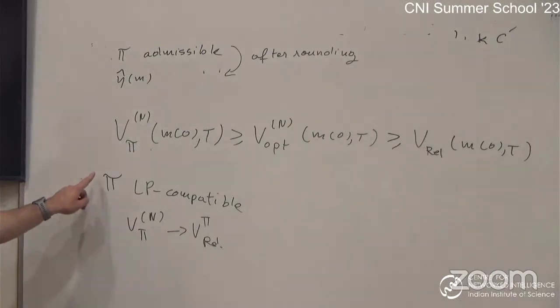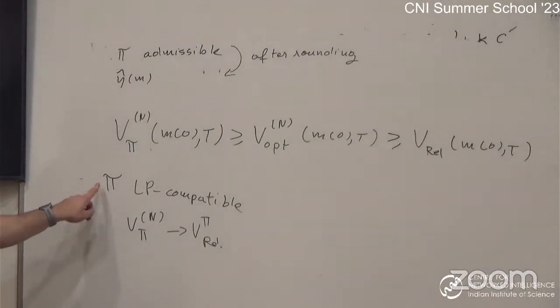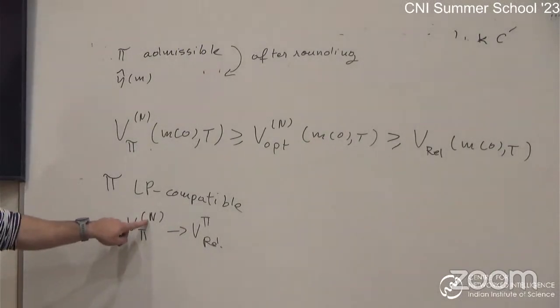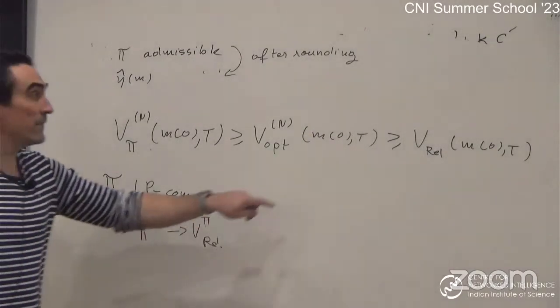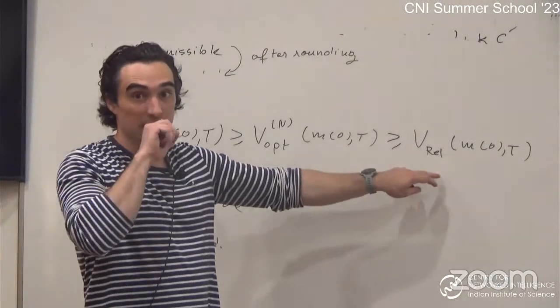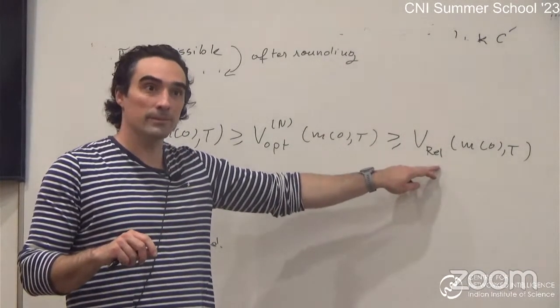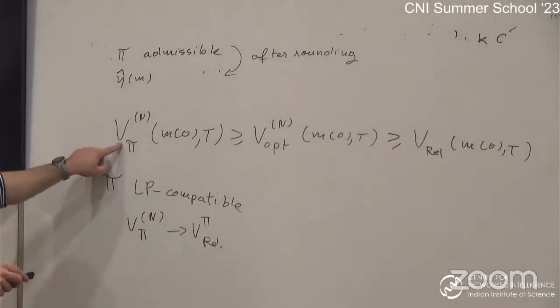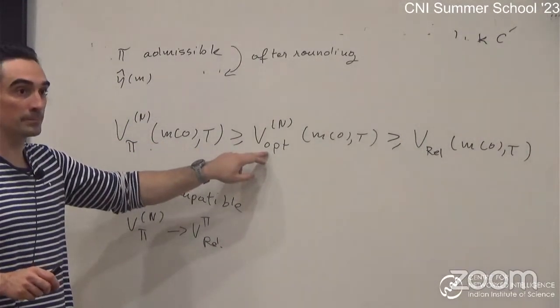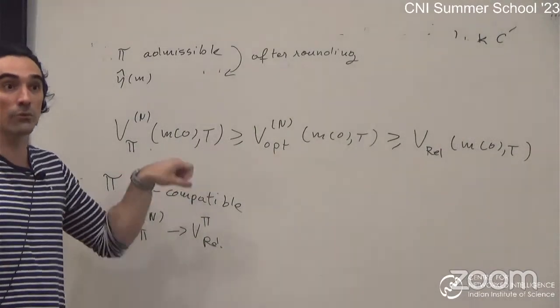Moreover, we say that if pi is compatible, then V_n of pi will converge to V relax optimal, the V_LP. You will have the convergence. And therefore, what does it mean? It means that your V_opt is between two things that converge together.